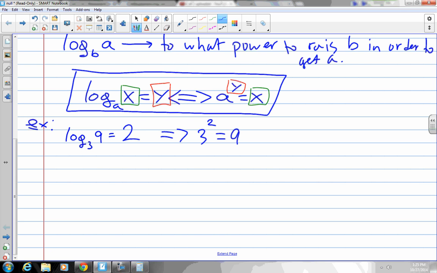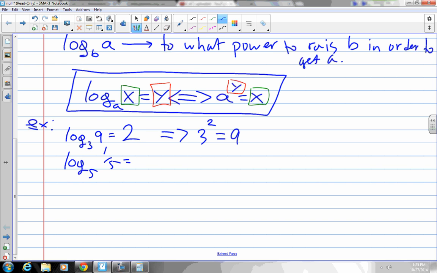Is that okay? How about log base 5 of 1/5? To what power to raise 5 to get 1 over 5? Negative 1. You need to take the reciprocal.